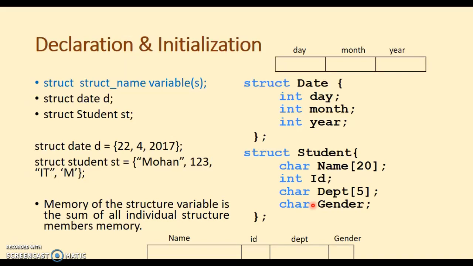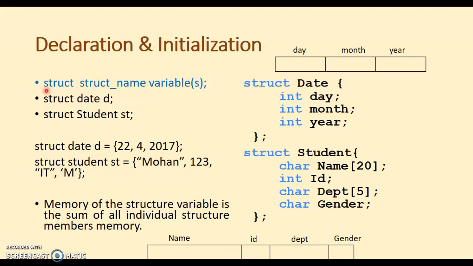Next we have to discuss how to declare variables and initialize structure variables. This is the general syntax of declaring a structure variable. A structure variable declaration starts with struct followed by the struct name or tag name followed by the variables list.